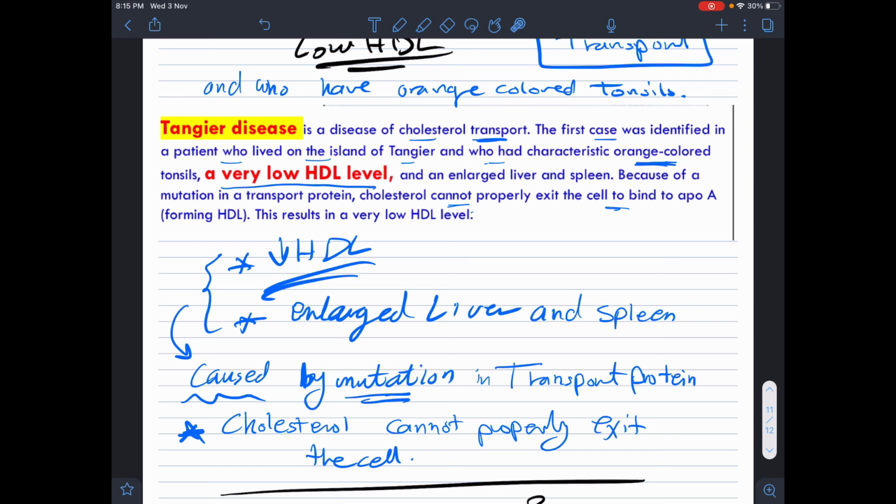This is actually a very important disease because the significance here is very low HDL, causing enlarged liver and spleen because of a mutation in the cholesterol transport protein. The cholesterol cannot properly exit the cell. It cannot bind to ApoA and form HDL properly, so this results in low HDL, therefore enlarged liver and spleen.